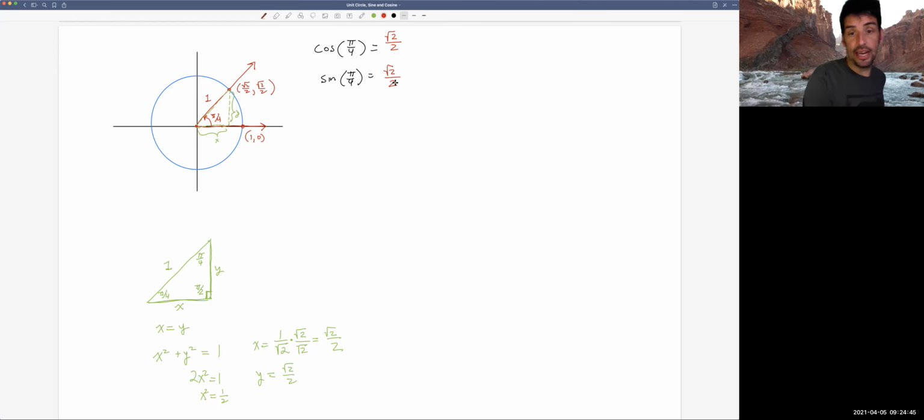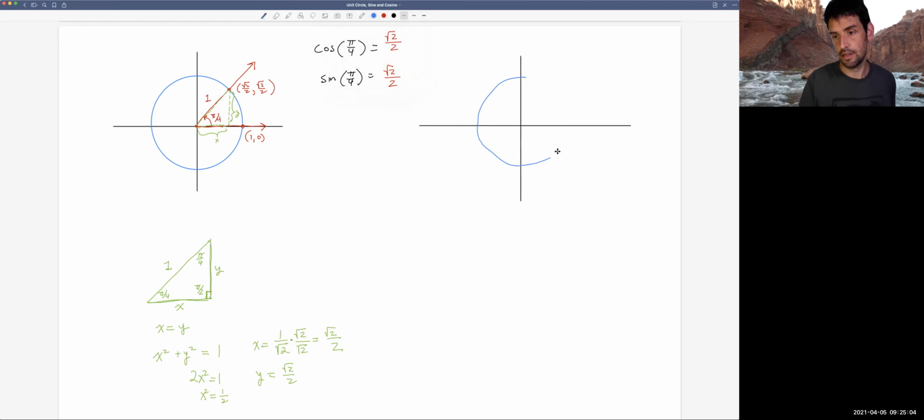Another thing I want to point out is, if you have heard of sine and cosine in the past in terms of triangles, this new definition gives us something really important that the triangle definition does not, which is that we can now use sine and cosine for angles that were never possible with triangles, right?